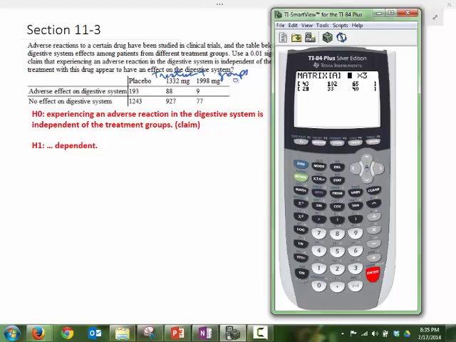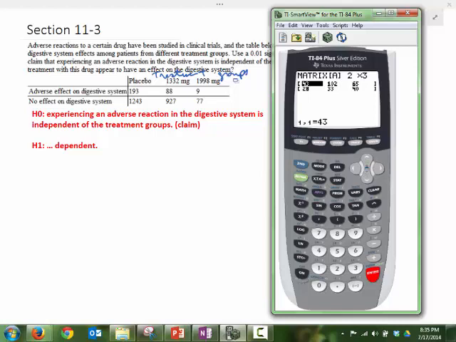The number of rows are the ones that go down, and it looks like there are 2 rows. The number of columns are the categories going left to right, and it looks like there are 3 of them. So 2 and 3. If you hit 2 and then enter, you hit 3 and then enter again, that's going to set up your 2x3 matrix for you.